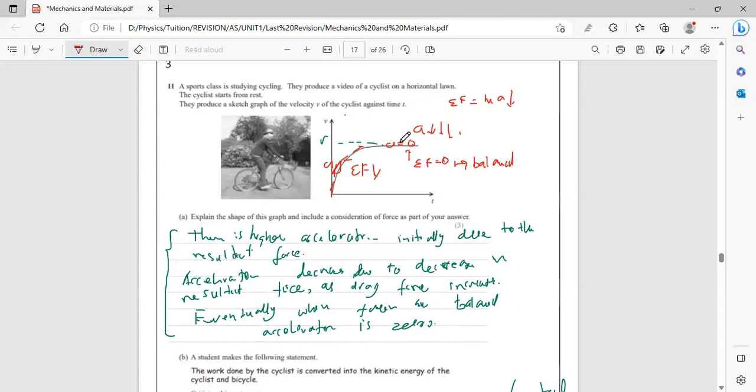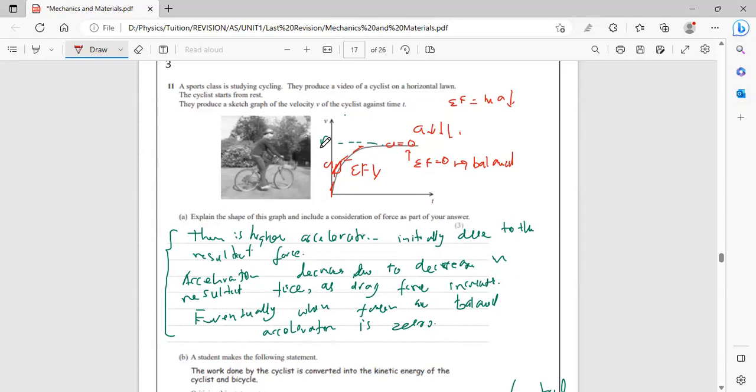Why? Forces are balanced. So what are the forces? The forward force and the frictional force must be balanced. Since you are supposed to consider forces in your answer to explain the shape, you need to talk about the forces.